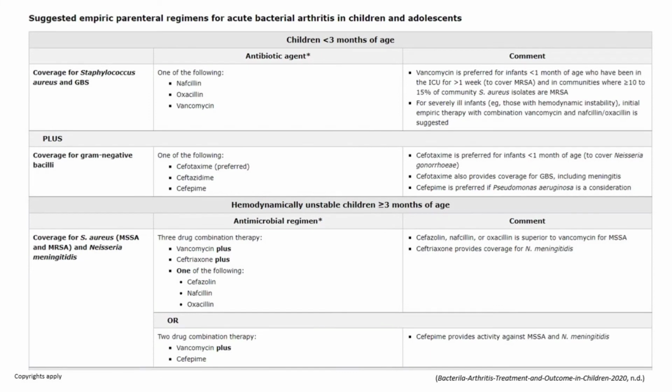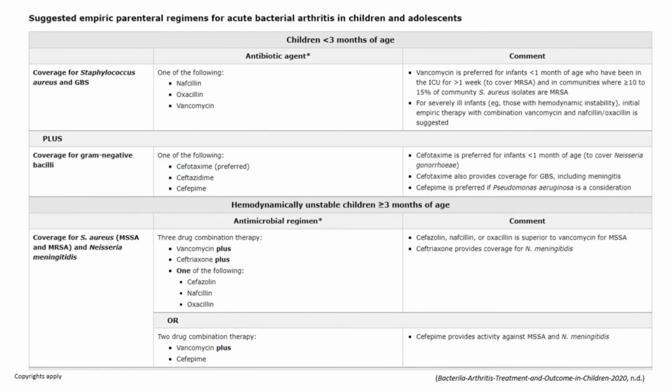For children younger than 3 months, empiric therapy for bacterial arthritis in infants less than 3 months of age should be directed against Staphylococcus, Group B Streptococcus, and gram-negative bacilli. Initial antimicrobial therapy for bacterial arthritis is usually administered parenterally.